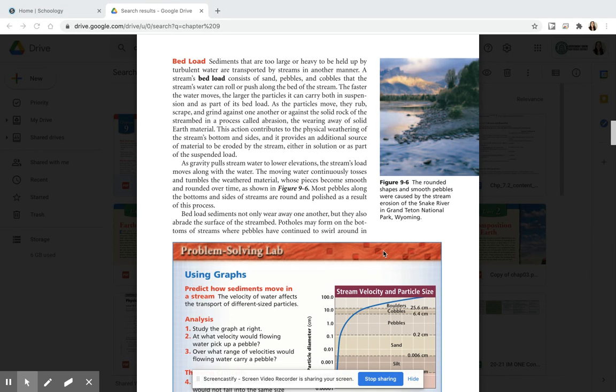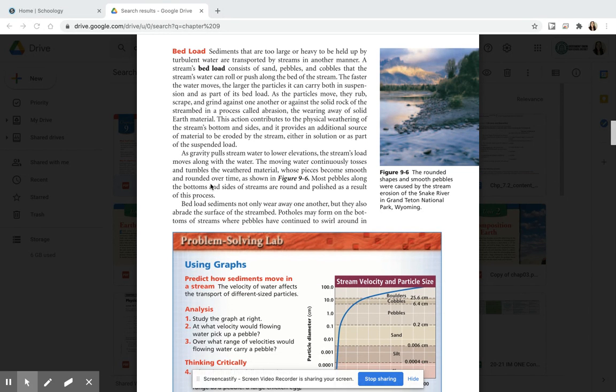As the particles move, they rub, scrape, and grind against one another or against the solid rock of the stream bed in a process called abrasion, the wearing away of a solid earth material. This action contributes to the physical weathering of the stream's bottom and sides, and it provides an additional source of material to be eroded by the stream, either in solution or as part of the suspended load.